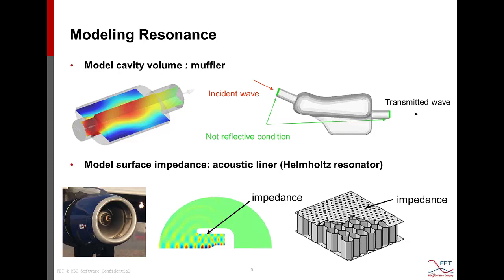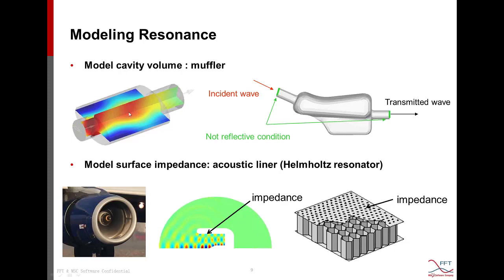Now, with this simple muffler, in Actran, we just built a volume mesh here. So with this volume mesh, we can simulate not only the 1D transmission phenomena, but also the complex acoustic wave transmission through this muffler.